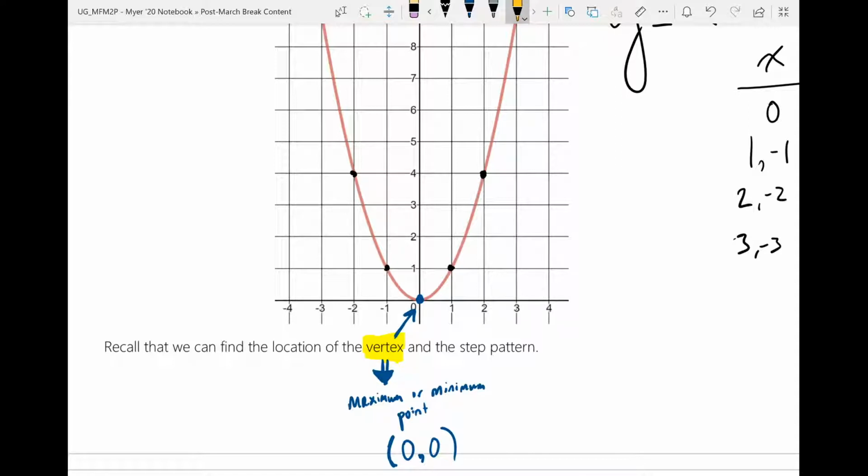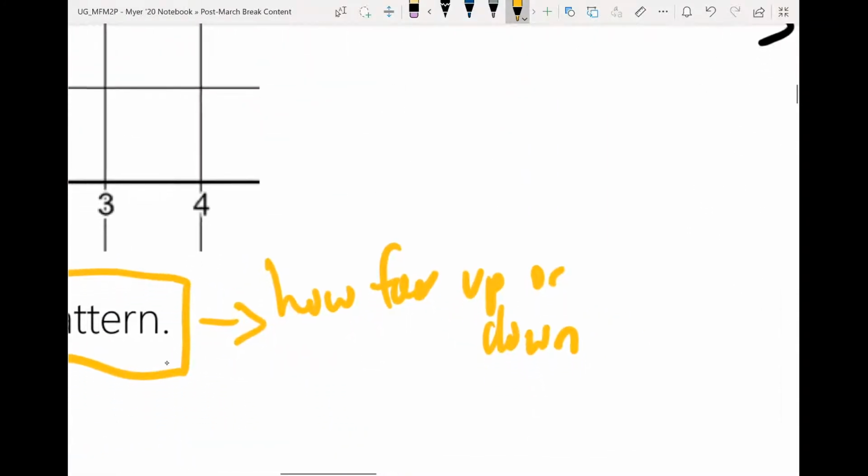So we did something called step pattern. That's this thing right here. So step pattern means it's how far up or down. Here, I'll write it a little more legibly. It's kind of messy.